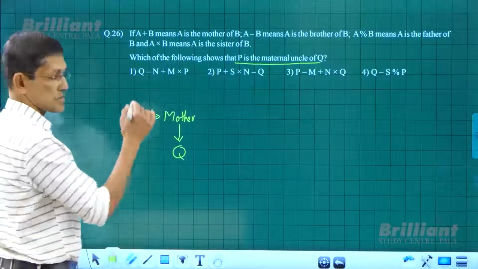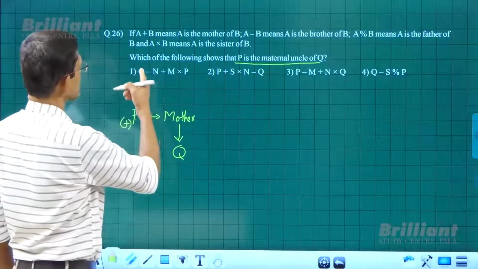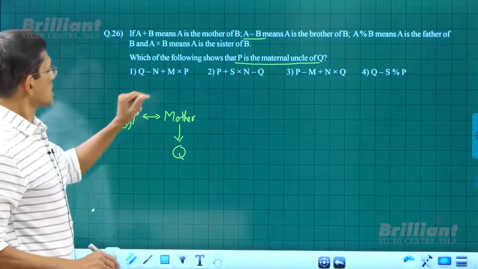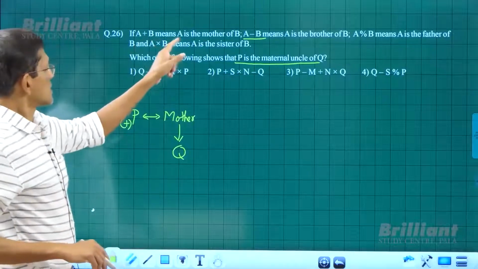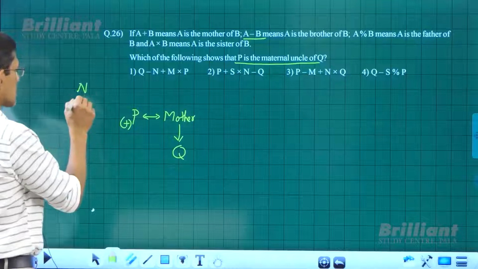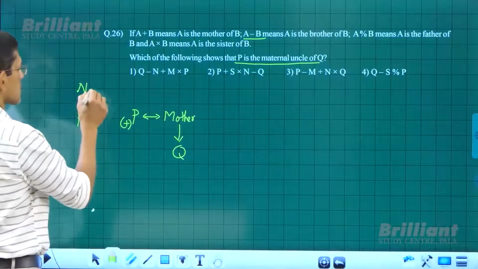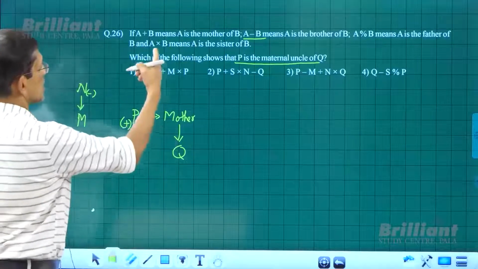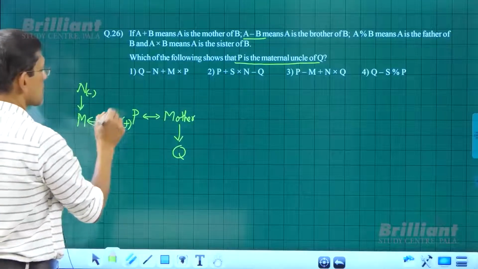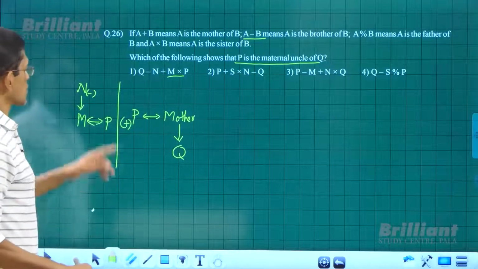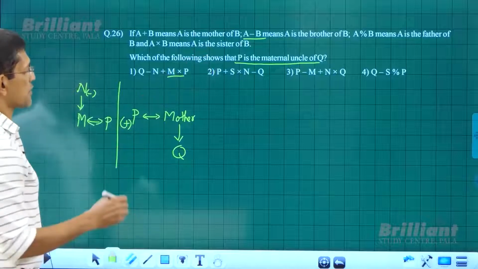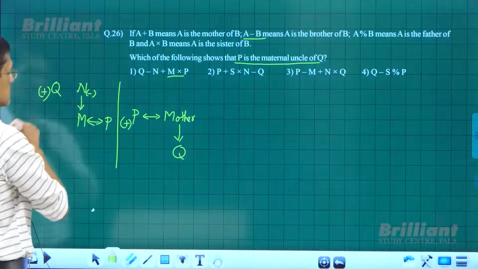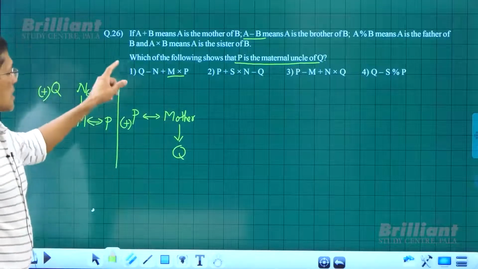So look at the first one. This is pretty much a trial and error method. Here Q minus N. Q minus N means Q is the brother of N. And N plus M means N is the mother of M. And well, M and P: M is the sister of P, since A into B means A is the sister of B. So Q minus N means Q is the brother of N. In this case, can we say that P is the maternal uncle of Q?